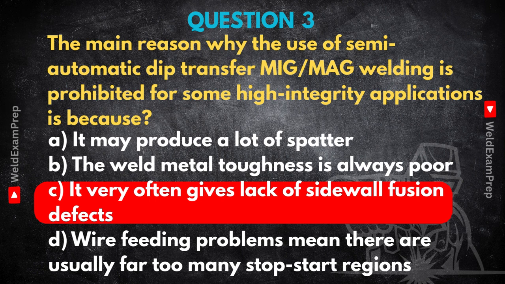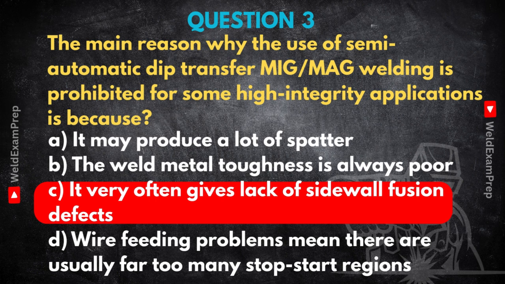You categorized spatter earlier, option A, as mostly cosmetic. And structurally, okay, I get that. But couldn't excessive spatter still be a warning sign for an inspector, maybe pointing to other underlying issues that do affect integrity? Oh, absolutely. That's a really sharp point. While spatter itself isn't the primary structural defect causing the prohibition, excessive spatter is always a symptom.